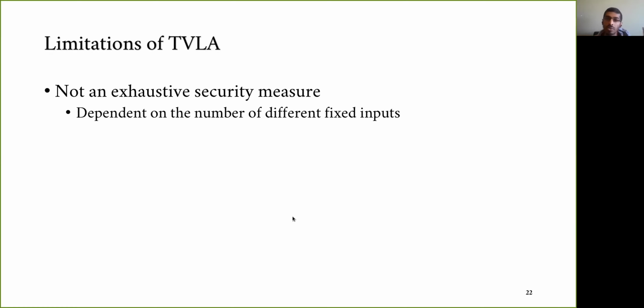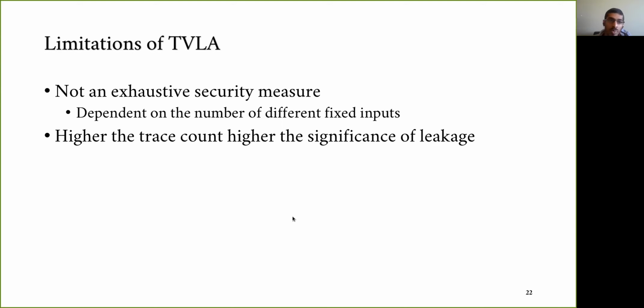If you use some set of fixed inputs and you don't see any leakage in the TVLA test, that doesn't mean that your system is secure. It depends on the different fixed inputs that you're using, and some fixed inputs can show leakage in the same device, in the same experiment.